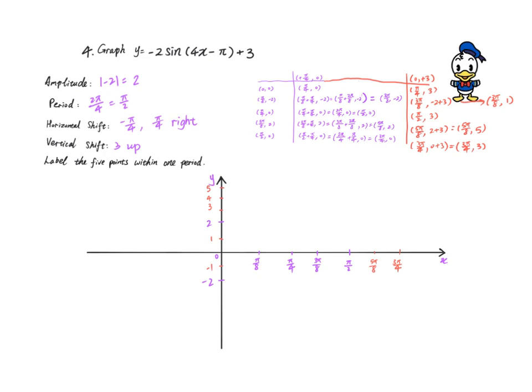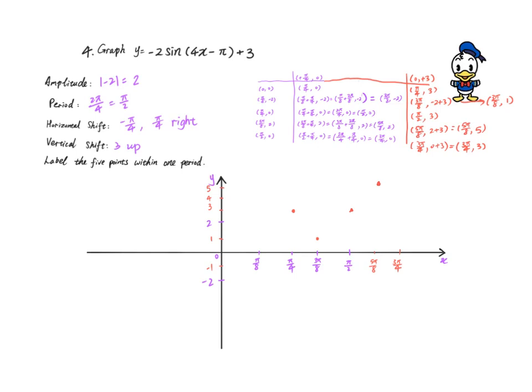Okay, so we are going to continue to graph this function. The first point is pi over 4 and 3 right here. Second point is 3 pi over 8 and 1. Next one is pi over 2 and 3. 5 pi over 8 and 5.